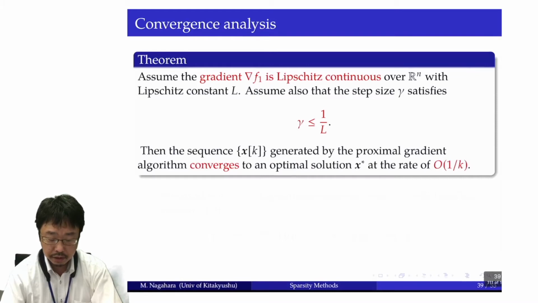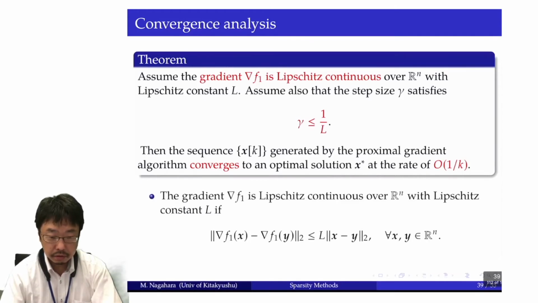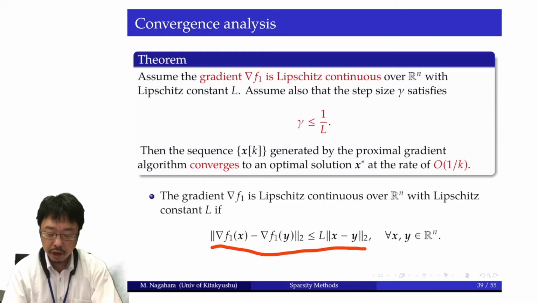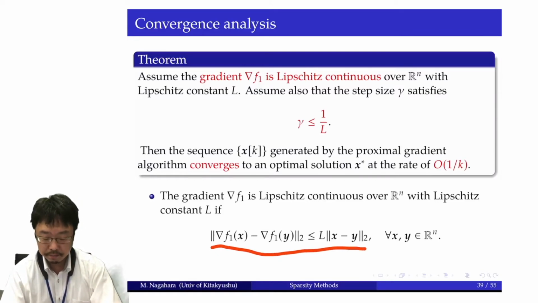Then the sequence x_k generated by the proximal gradient algorithm converges to an optimal solution x asterisk at the rate of O(1/k). Note that the gradient nabla f1 is Lipschitz continuous over R^n with Lipschitz constant L if this inequality holds for any x, y in R^n.